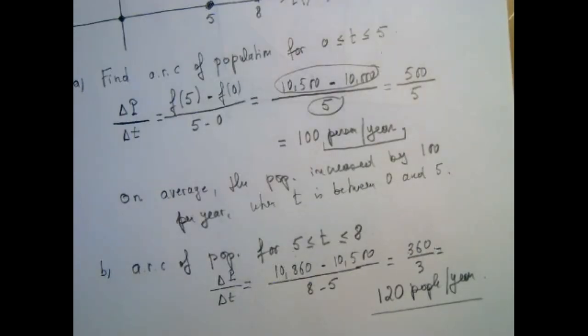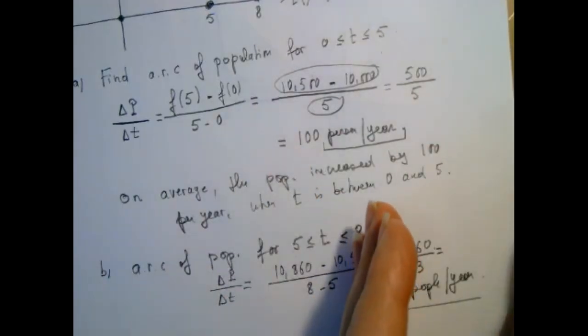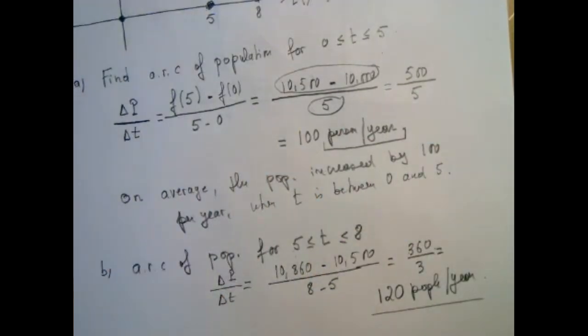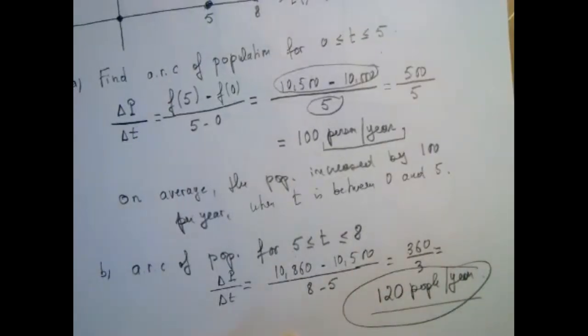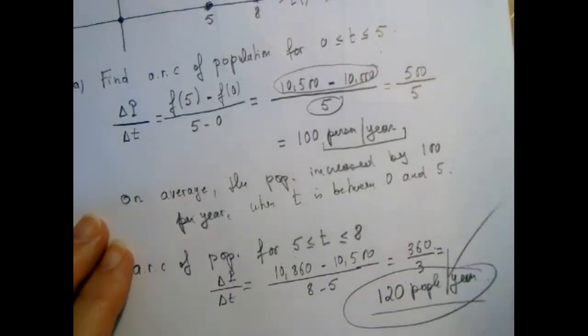So when was it growing fastest? The best way to answer this question, if you're comparing the growth of a population between two time periods, is computing the average rate of change. I mean, per year, how fast the population was changing. Now if I want to make the comparison, that's a definitely better comparison. Now I know where it's growing fastest. Okay.